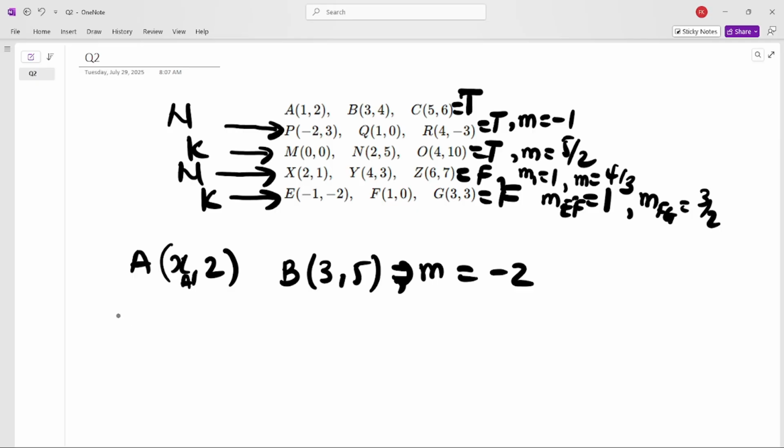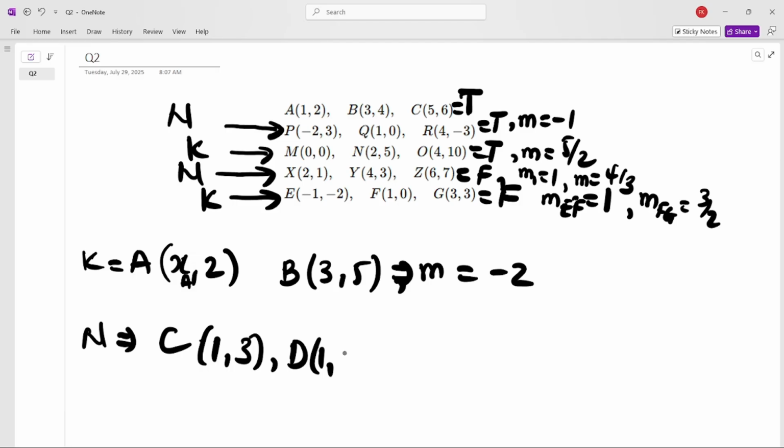Now let me do Kennedy. Noble, we are going with C is (1, 3), D is (4, y), if theta is equal to 10 degrees.